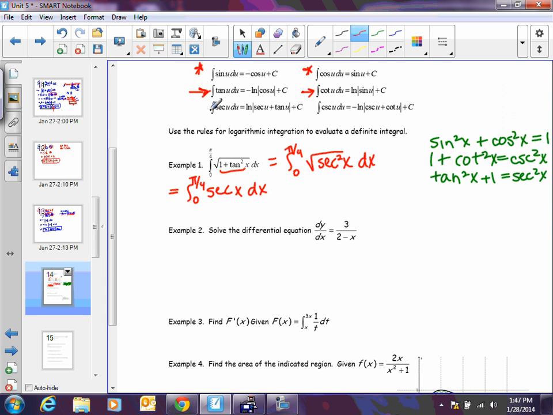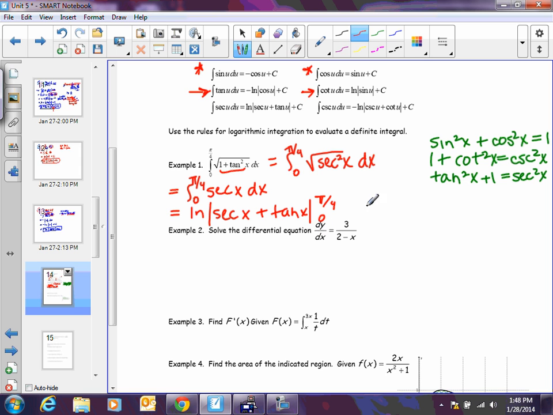What you would have to do instead is rewrite secant as 1 over cosine and use more trig identities. And so this is why it's just worth it. I already had to use trig identities, so it's worth it to say, well then that means I know that this integrates to natural log absolute value of secant x plus tan x. I don't need the plus c because I have bounds.